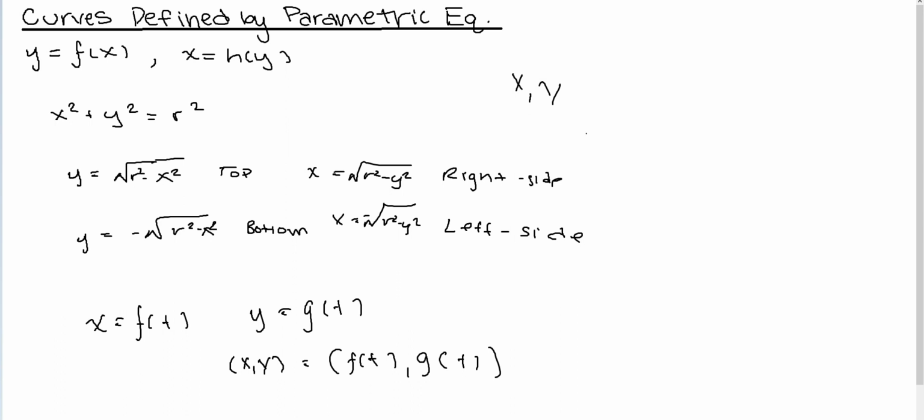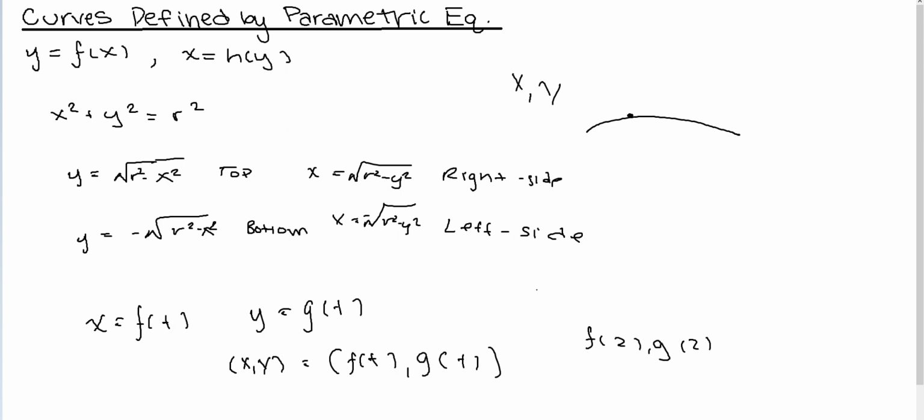And the parametric curve will represent the trace of the ball at all of the locations. So if we say f of 2, g of 2 would represent the time the ball is at 2 seconds.